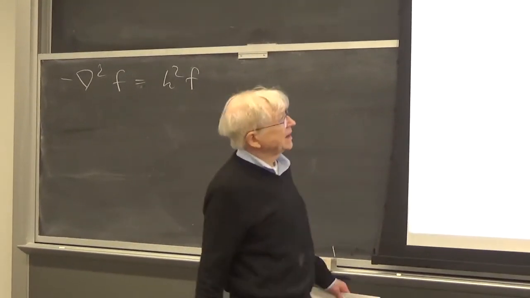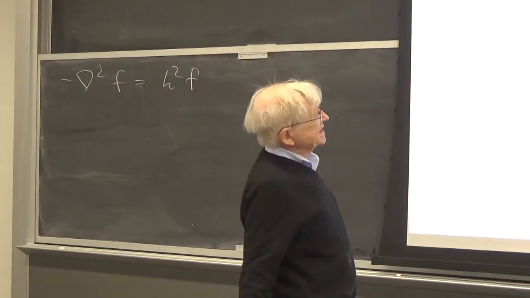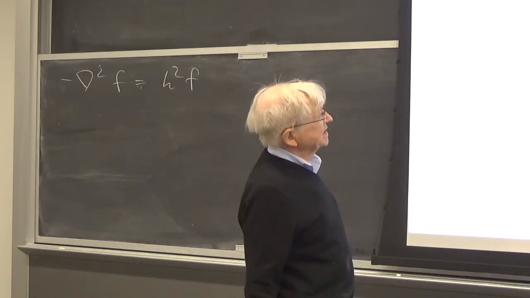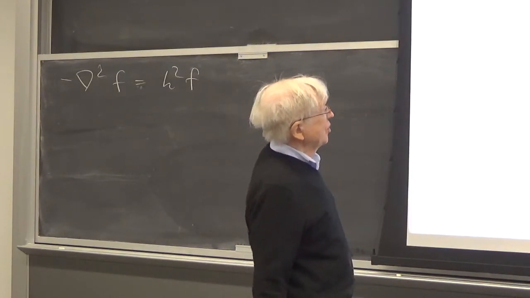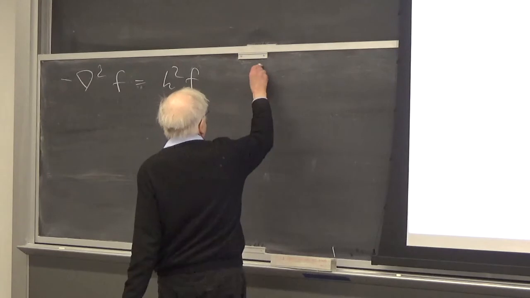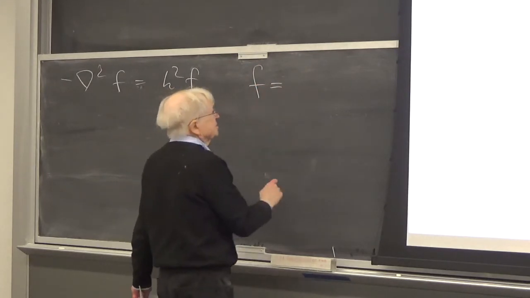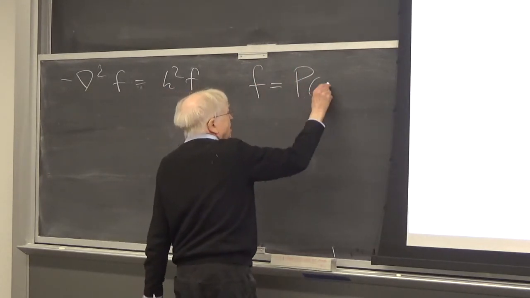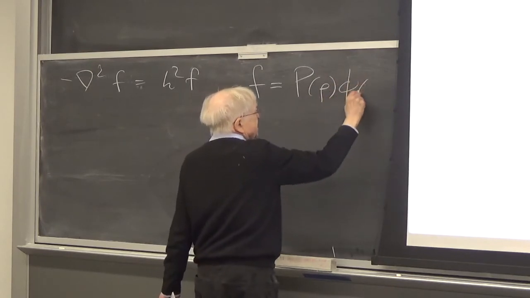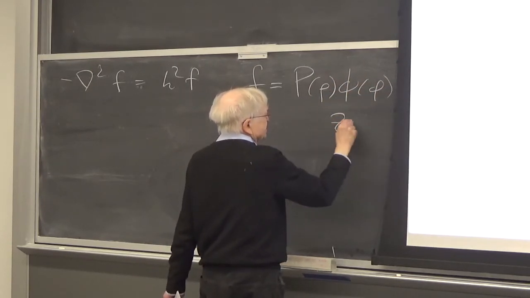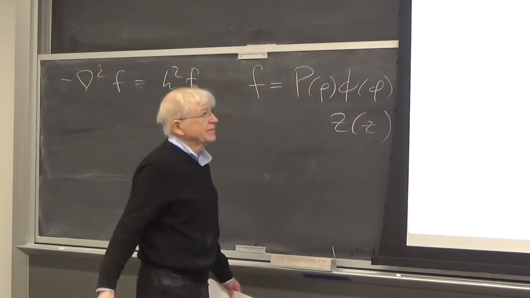So back in section 7.3 we saw that it separates in cylindrical coordinates, and so then we can write f as equal to some rho of rho, some phi of phi, and times some z of z.